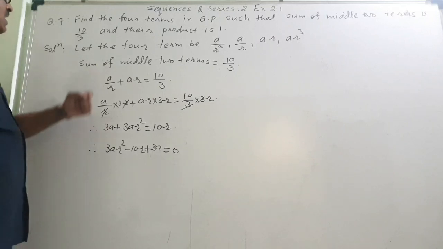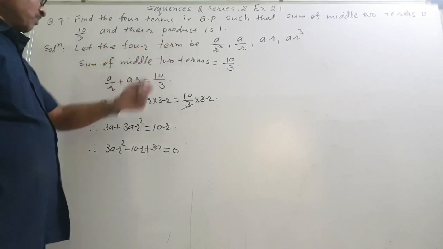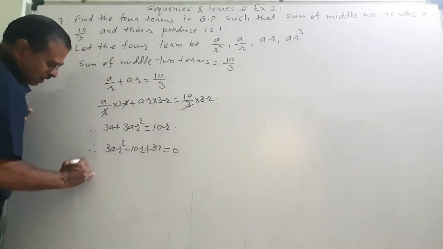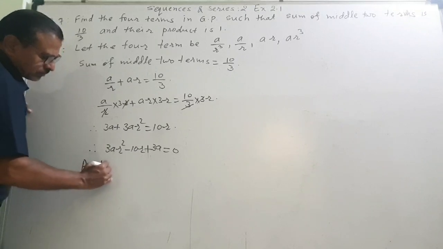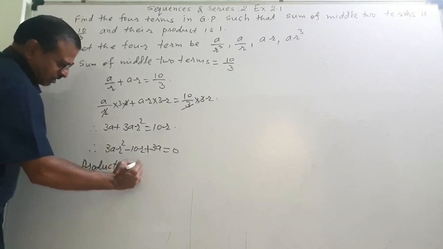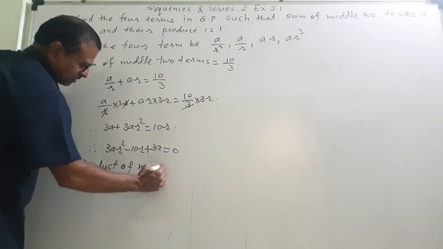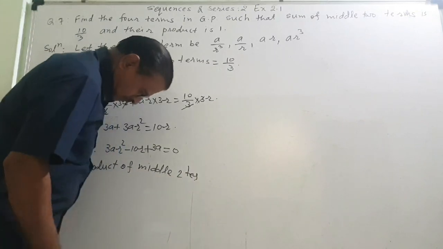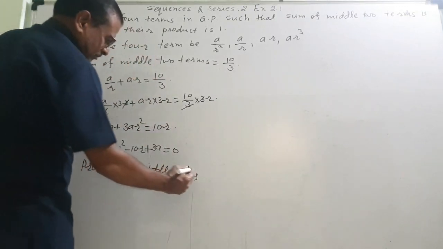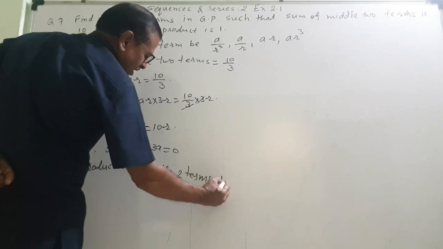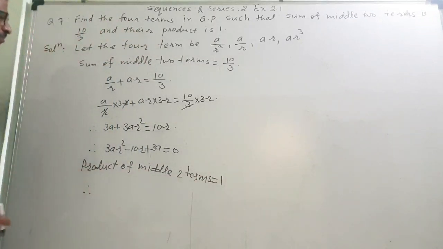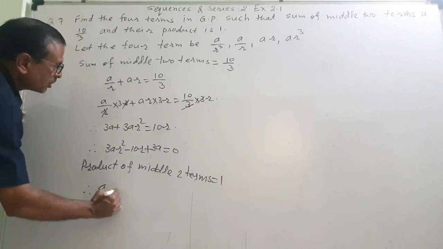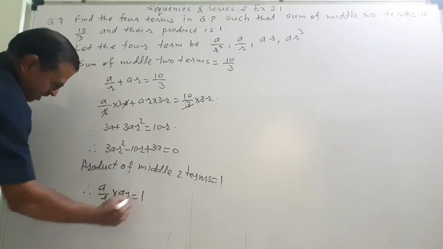There is another condition, and their product. Their product means the product of the middle two terms is 1. That is given. Therefore, the product of middle two terms, a upon r into ar is equal to 1.